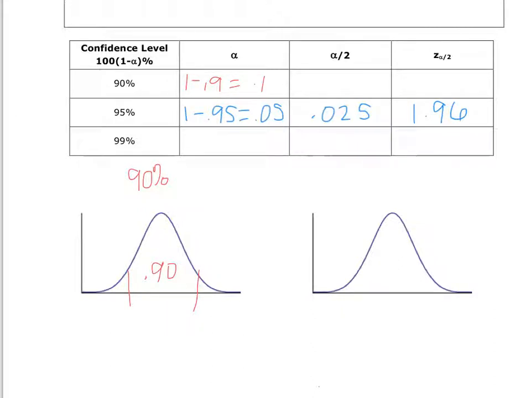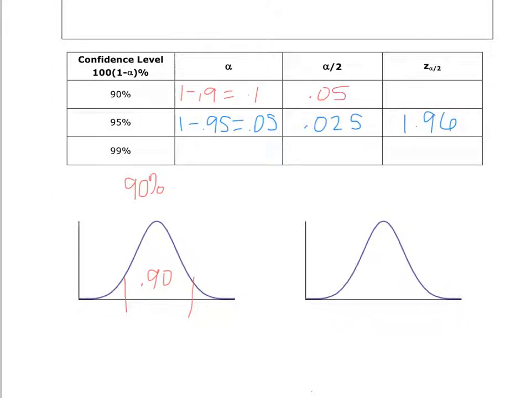Alpha over 2, divide that by 2, we get 0.05. So we have area of 0.05 in either tail. So the z-value we want is the z-value with 0.05 to the right.